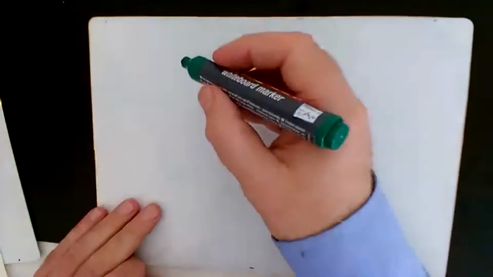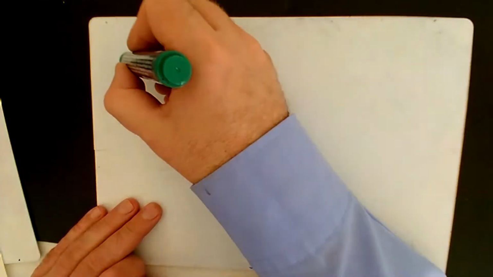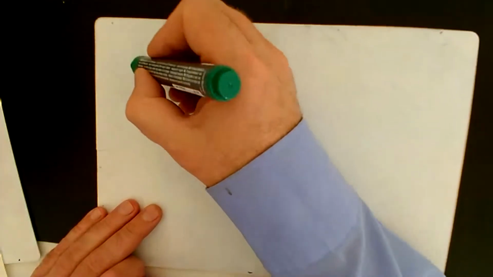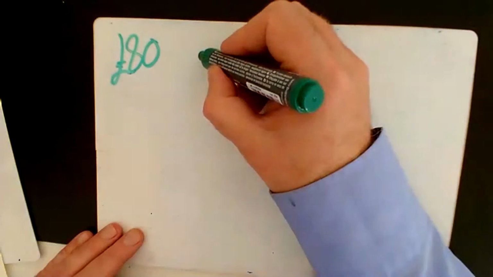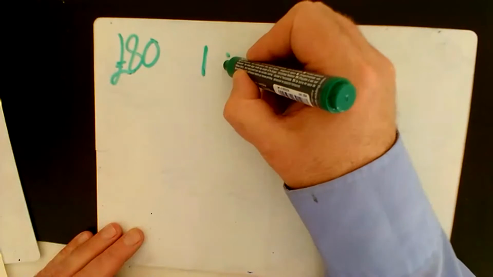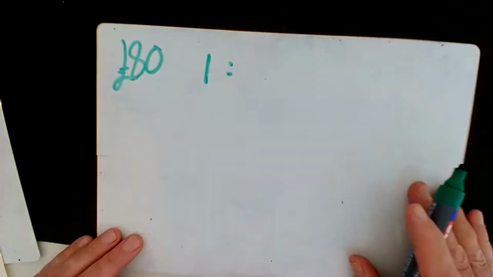So let's go with £80. A grandmother wanted to share £80 between 3 of her grandchildren. Now, she didn't like one of them very much, which is not very nice, is it?